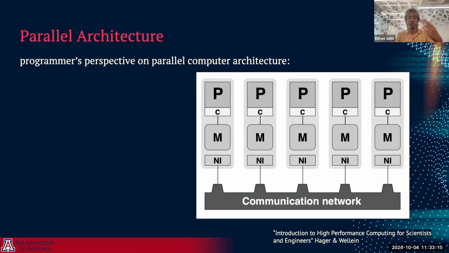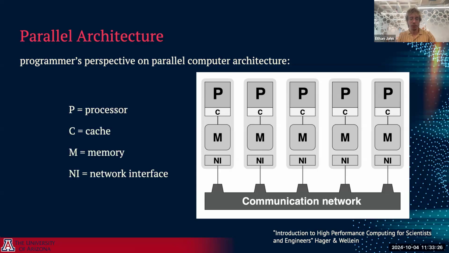And the simplified programmer's model looks something more like this, where you have a processor that's attached to some type of cache memory that's attached to, I have the codes here, so M is the memory, and then the processors communicate with each other via some type of communication network or network interface. And in this example here, we're seeing that each chip physically only has one processor.